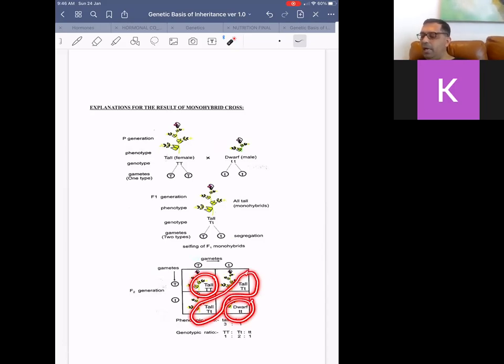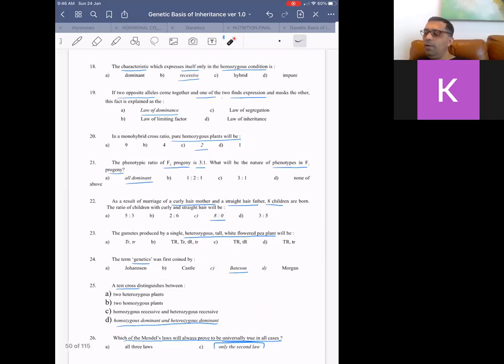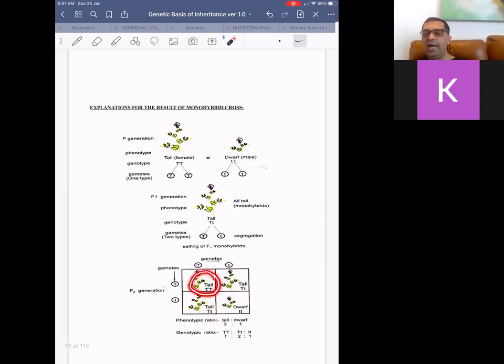So capital T capital T is homozygous, small t small t is homozygous, and the capital T small t are heterozygous. So the question was how many pure homozygous plants there will be. Two. Capital T capital T is pure homozygous for tallness, and small t small t is pure homozygous for dwarfness. So, two are pure homozygous.